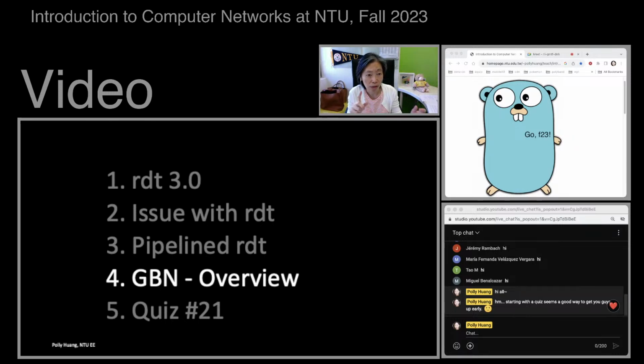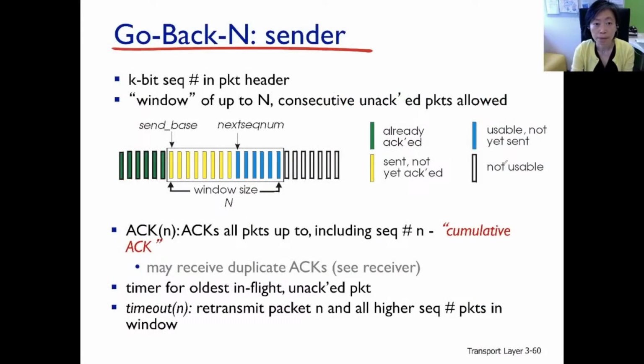Now, the second part of the overview: this window may slide over as some of these yellow packets are acknowledged and turn green. Then you need to move the base. Let's assume the send base finally receives an acknowledgement, so we turn it green.